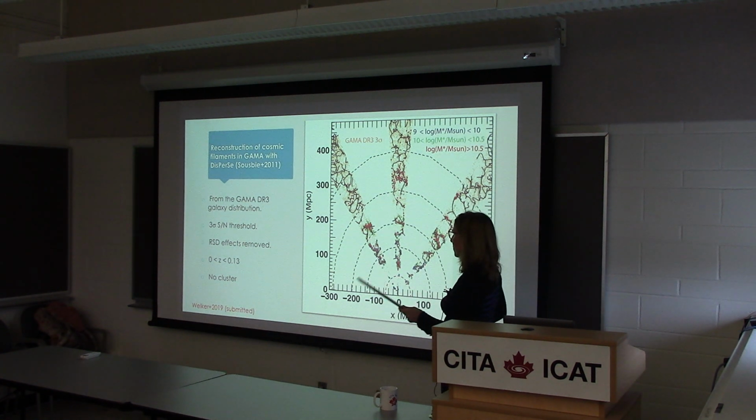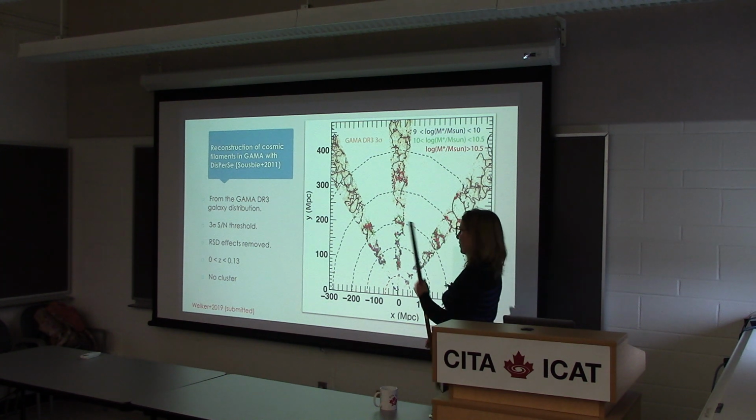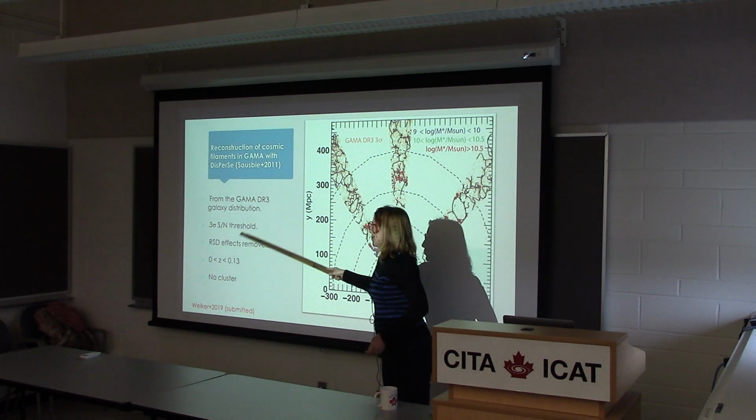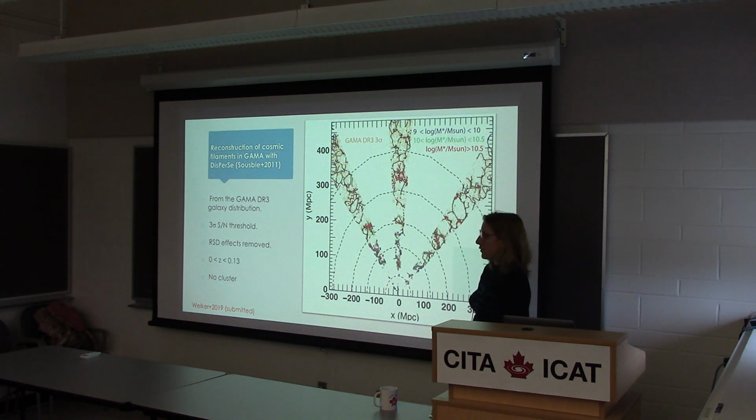It uses something called the persistence threshold, which is the level at which you want your detection. It can be correlated to a signal over noise threshold when you do that on a galaxy field.